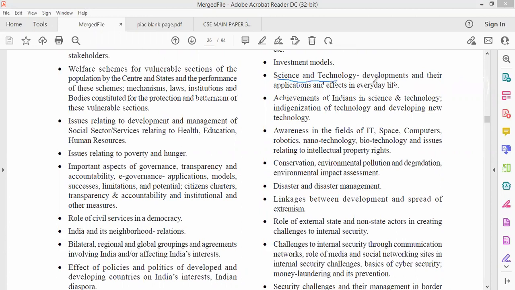Now why? When UPSC has included the science and technology part, there should be some intention of UPSC to include this part in your syllabus. So you should understand why it is being included. Today's world is one of technological development.